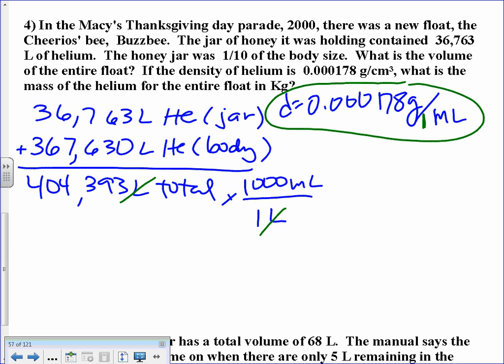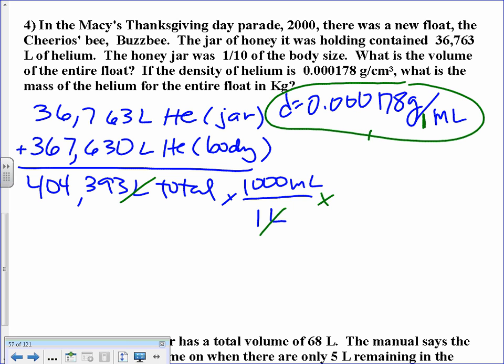Do I want to write the density as is, as a fraction, or do I want to flip it for the 1 milliliter on top? If I put the milliliter on top, milliliters and milliliters are right next to each other. So I need to leave it like this because I need milliliters to be on the bottom of my next part of my process, because I need the milliliters here to cancel and leave me with grams, which is easy enough to get to kilograms with, right?